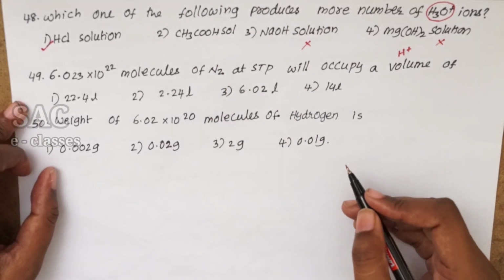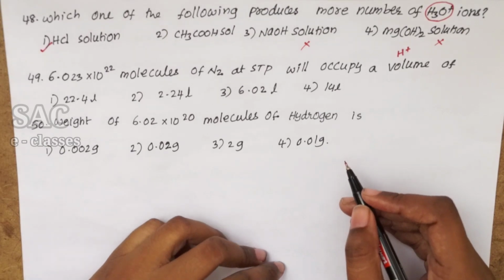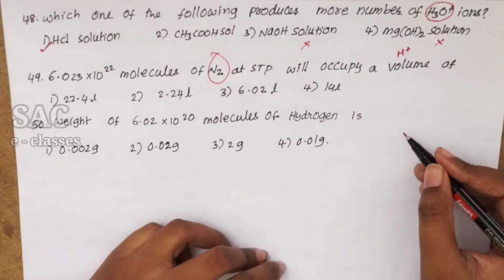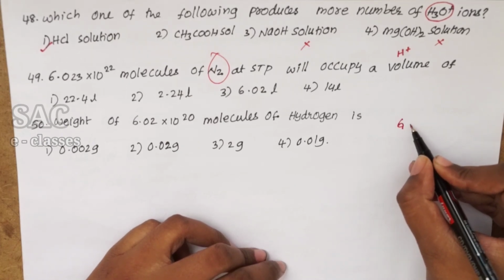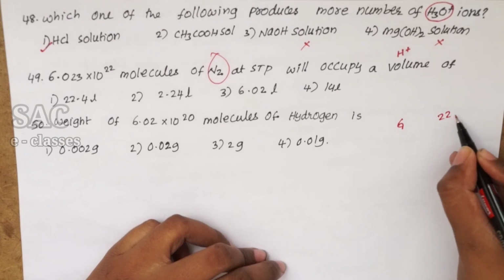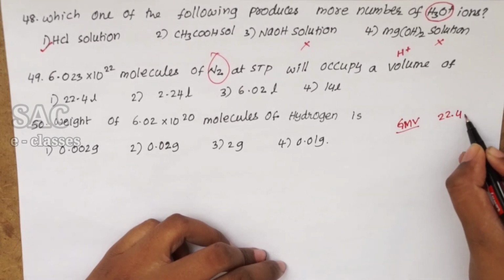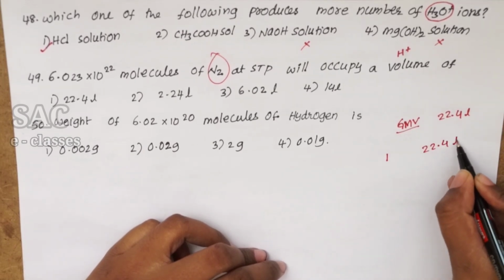Coming to problem number 49: 6.023 into 10 to the power of 22 molecules of nitrogen at STP will occupy a volume of? As you know, the gram molar volume at STP is 22.4 liters, which means 1 mole is 22.4 liters.